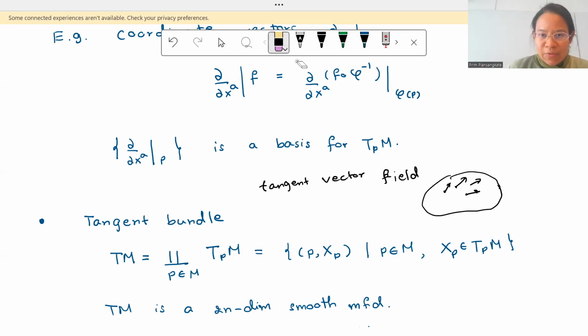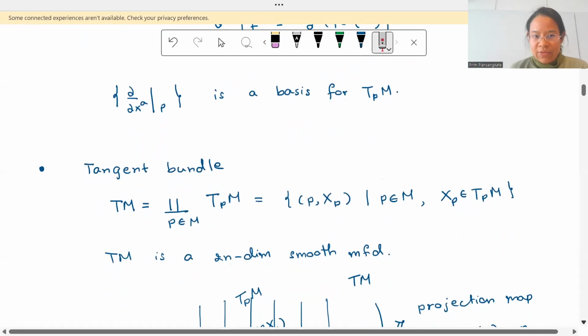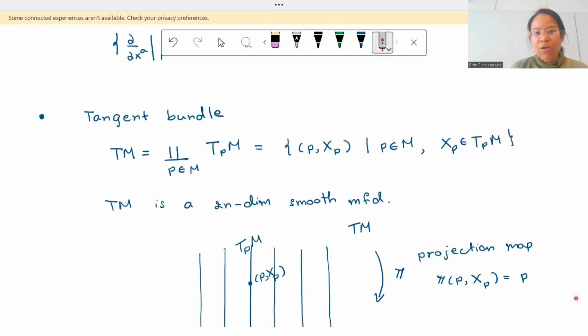One way to define it properly is to start from the tangent bundle. The tangent bundle is the disjoint union of each tangent space at each point on the manifold. It can be shown that this is also a smooth manifold, but of dimension 2n.